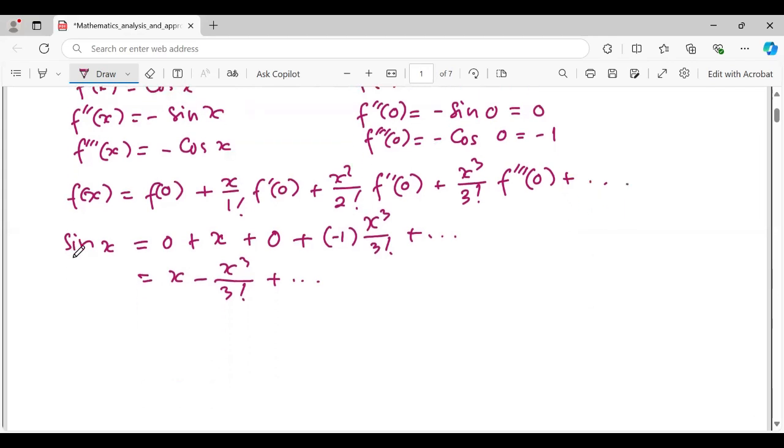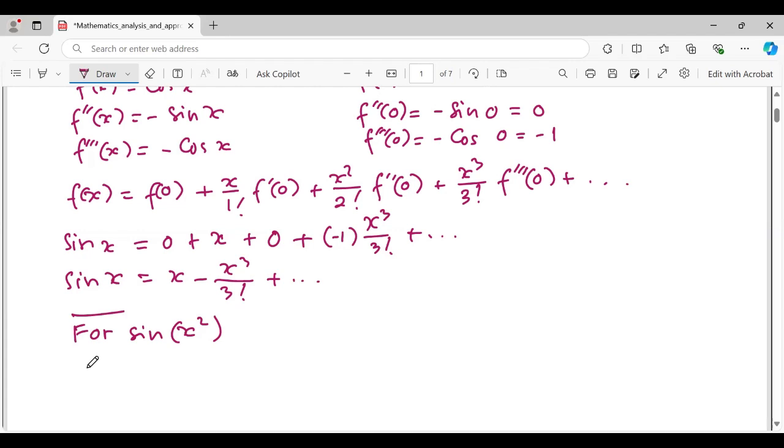So what about sine x squared? For sine x squared, I'm going to replace x in the Maclaurin series of sine x with x squared.